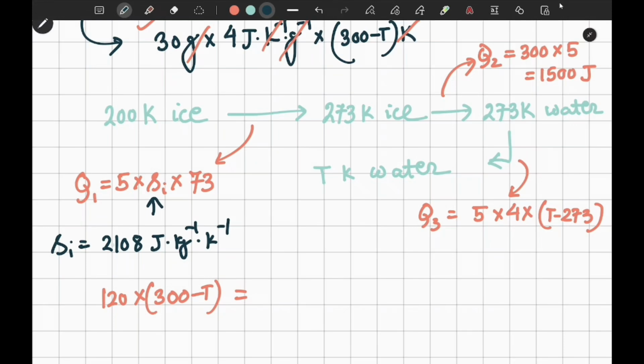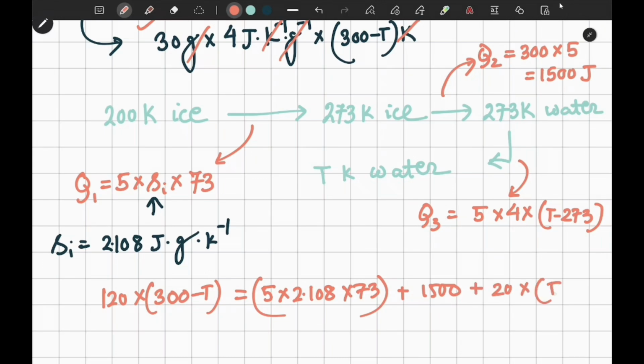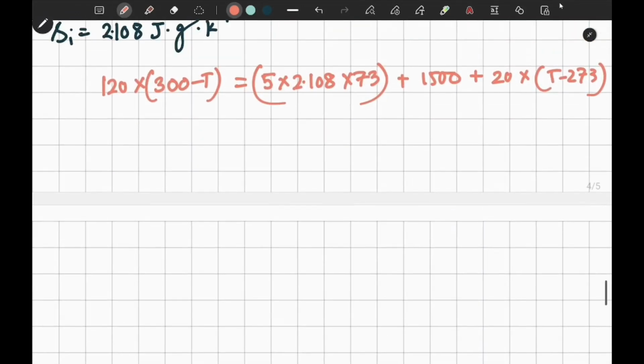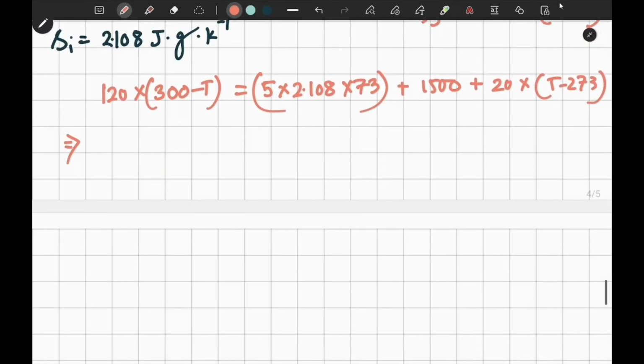For 1 gram, again it will be just this, in gram. So you can write it: 5 into 2.108 into 73 plus 1500 plus 12 into T minus 273. So this is our final equation to solve. So you have to solve it.